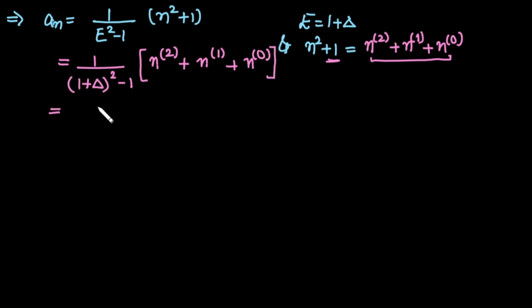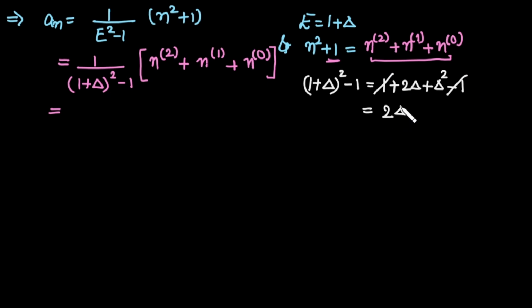Simplify this denominator term. When you simplify this, we have (1 plus delta) whole square minus 1, which is equal to 1 plus 2 delta plus delta square minus 1. So this minus 1 plus 1 gets cancelled. We have 2 times delta plus delta square.